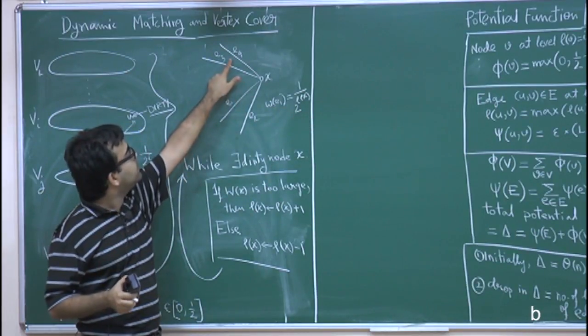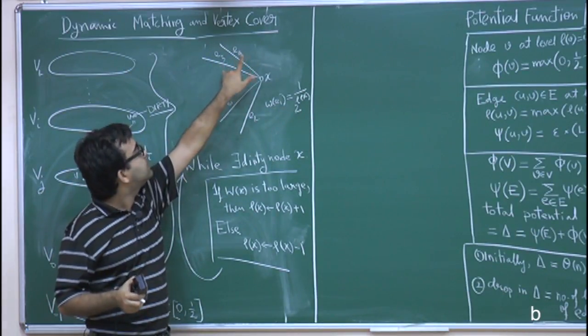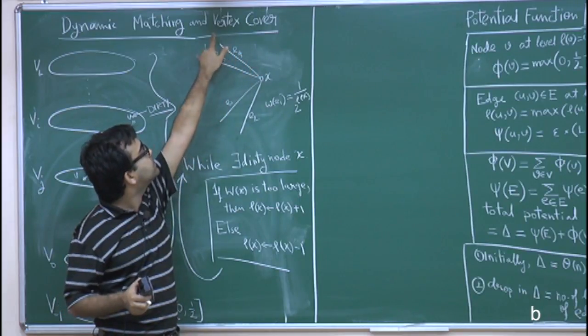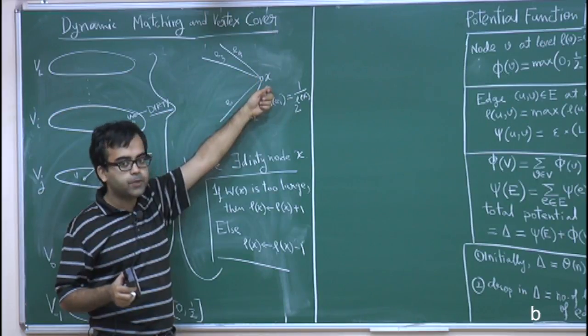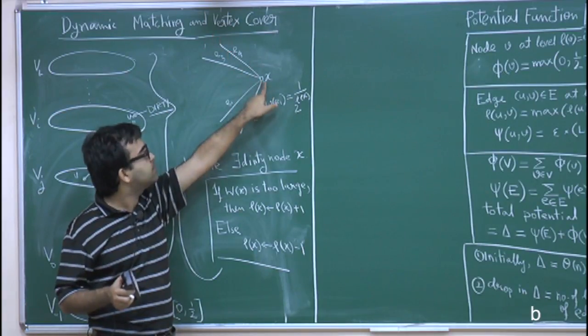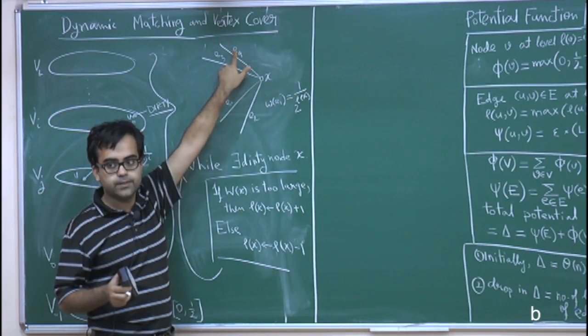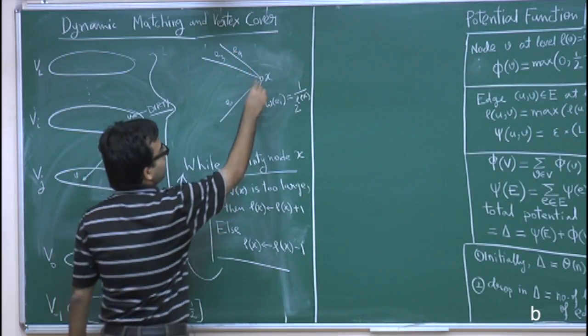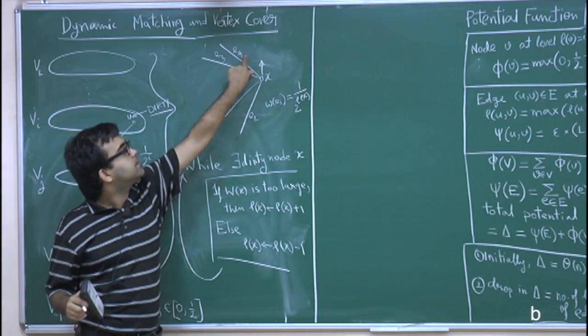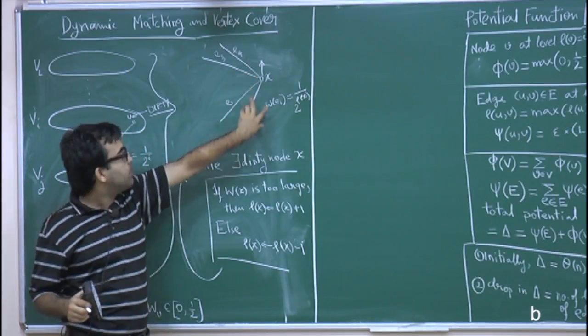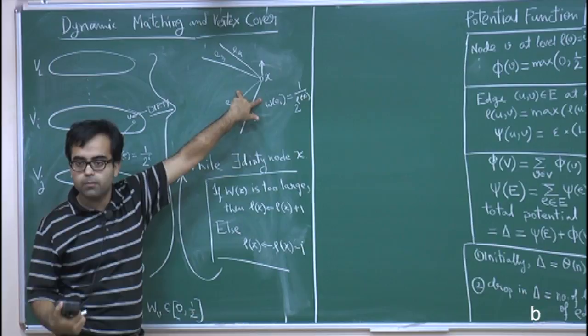Whereas the weights of E3 and E4, since the other endpoints of these two edges lie at higher levels, their weights will be controlled by these endpoints. So, x has no control over the weights of these edges. Now, if x goes up, what happens? The weights of these edges remain unchanged, whereas the weights of these two edges will drop.